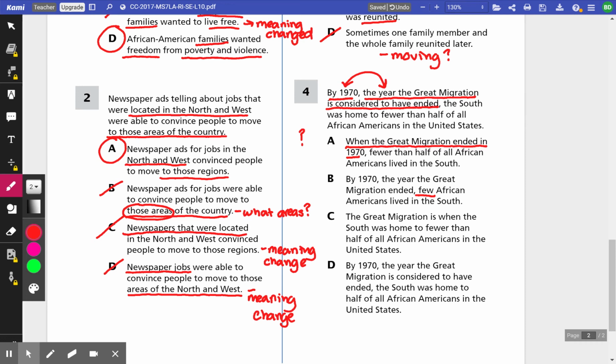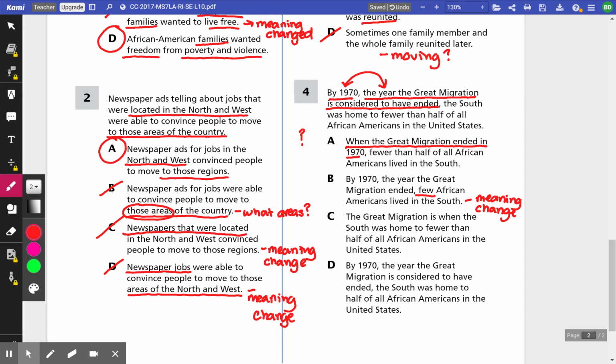We know the original sentence says fewer than half, so less than half, of African Americans lived in the South during this time. So the meaning of our sentence has been changed here because now they're just saying that it's few. Well, we don't know how many few is. We know it's supposed to be fewer than half, but they don't specify that.